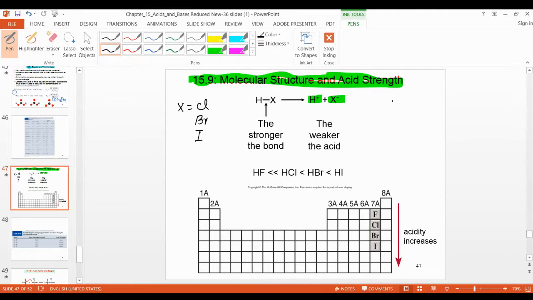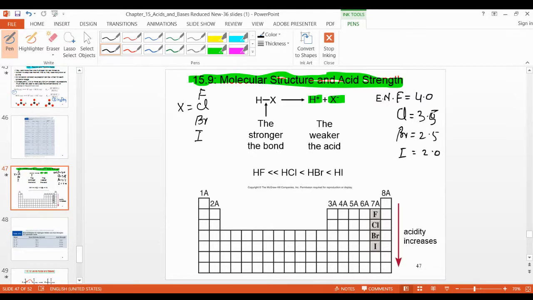Just like you remember from chapter 2, the electronegativity of fluorine is 4, right? Chlorine electronegativity is 3 or 3.5 I think, bromine is 2.5 and iodine is maybe 2, something like this. So the electronegativity decreases.